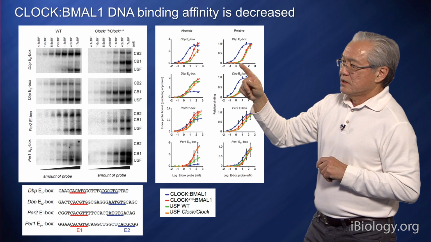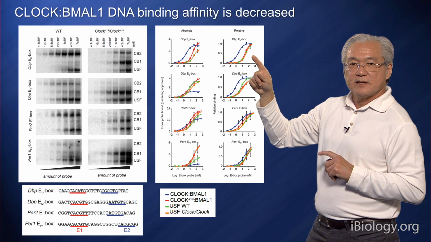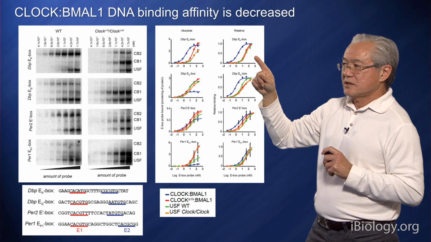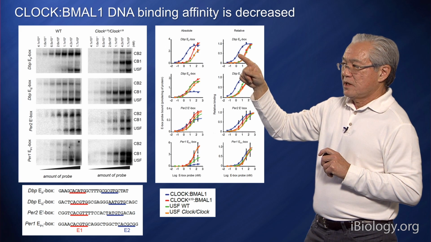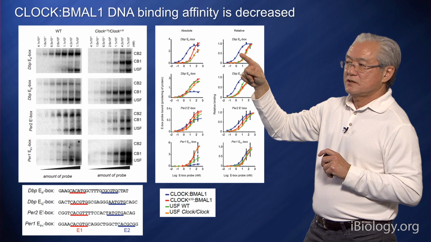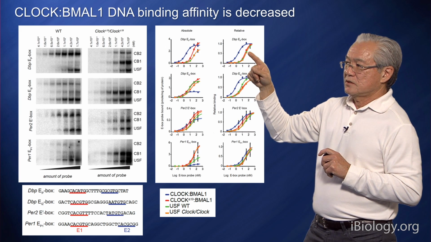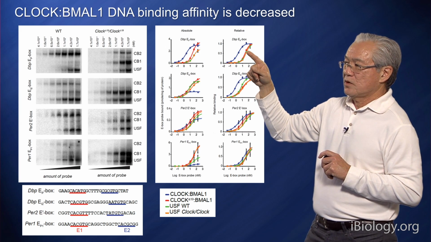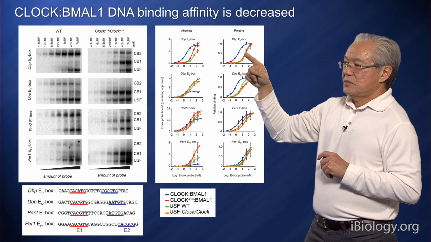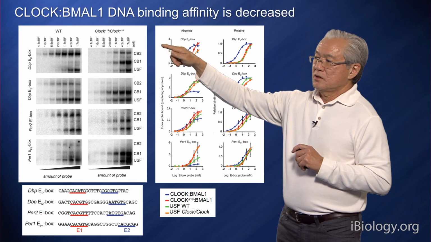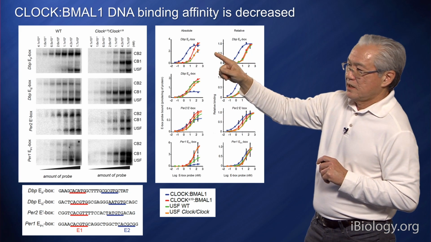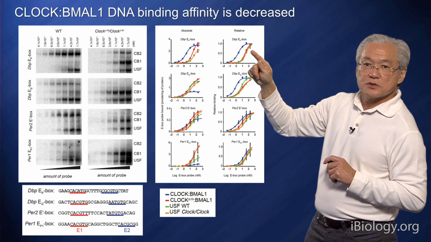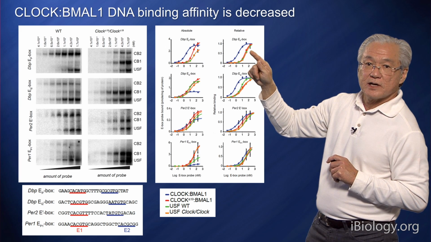And then on the right-hand side, when we quantitate the actual affinity of binding, what we see is in blue, the wild-type clock B-mel complex has much higher affinity than USF1, which is shown in orange and green. But interestingly, in the clock mutant, the binding affinity, which is shown in red, actually goes down to match USF1.